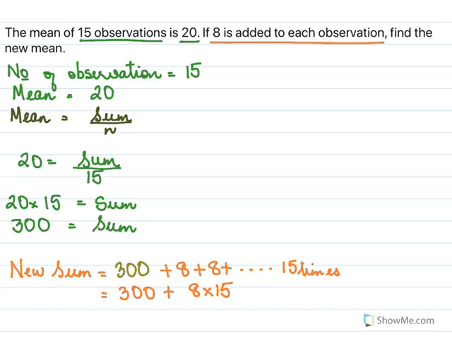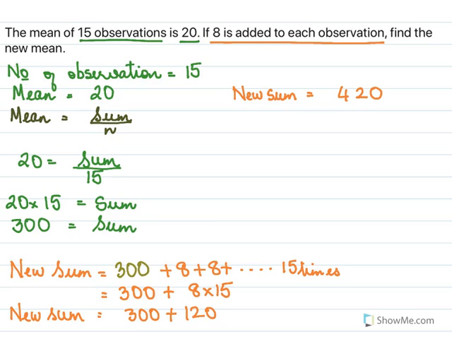So to each of the 15 observations, 8 is added. Like to the first observation, we add plus 8, plus 8, plus 8, 15 times. So the new sum is 300 plus, that would be 120. So the new sum will be 420.